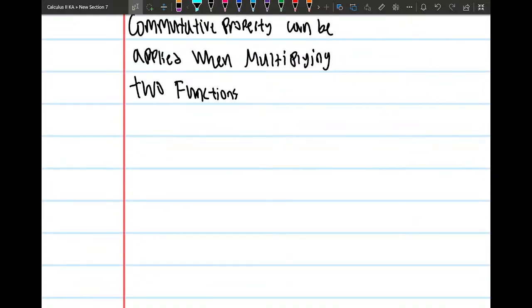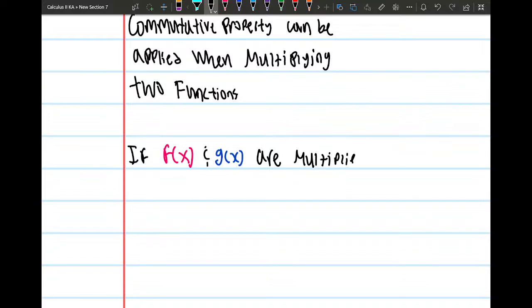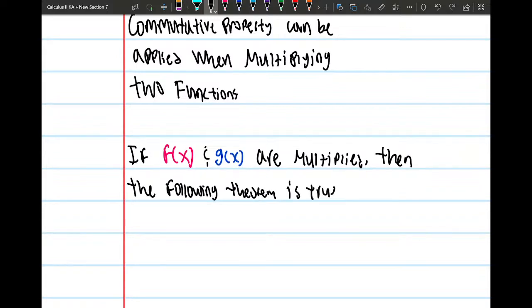So basically, if f of x and g of x are multiplied, then the following theorem is true.